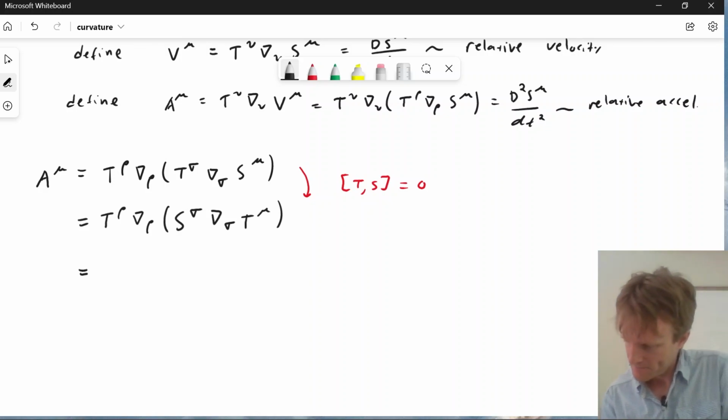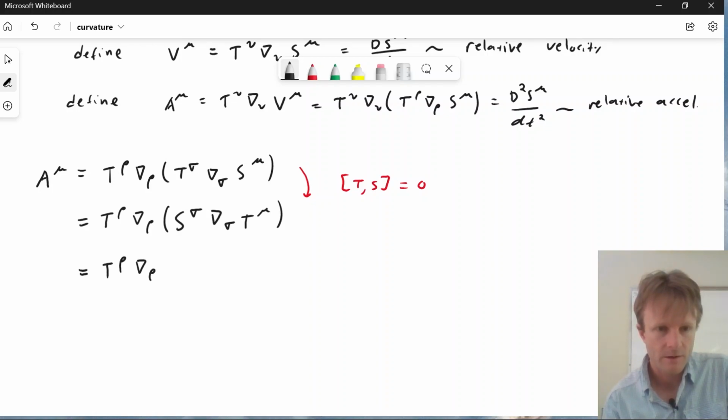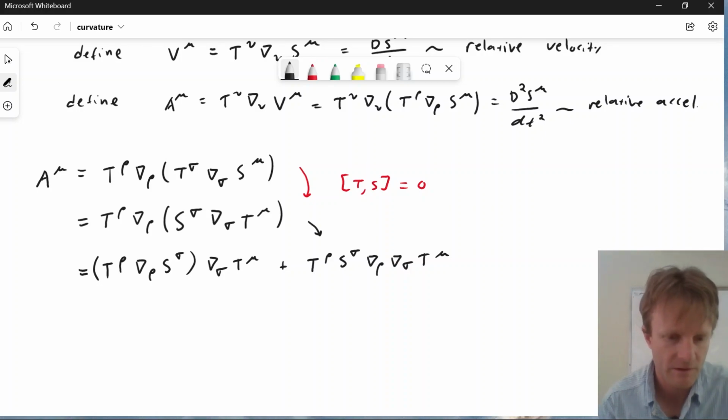Then, following my notes, it looks like we're going to use the Leibniz rule. So we'll have T^ρ ∇_ρ S^σ times ∇_σ T^μ plus the remainder T^ρ S^σ ∇_ρ ∇_σ T^μ. So that was just Leibniz rule.